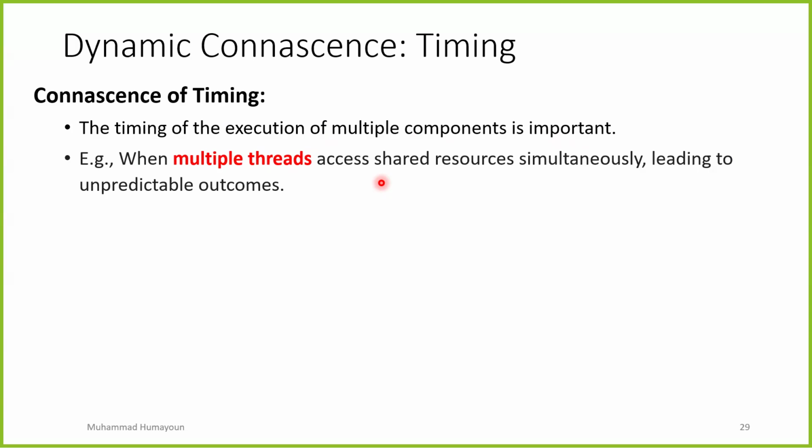Like for instance, imagine multiple threads accessing your database and updating and deleting or working on your records. So you have to really enforce consistency of timing, that the timing of execution is already predefined. What will happen first, who will do second, what will be done second, and so on.